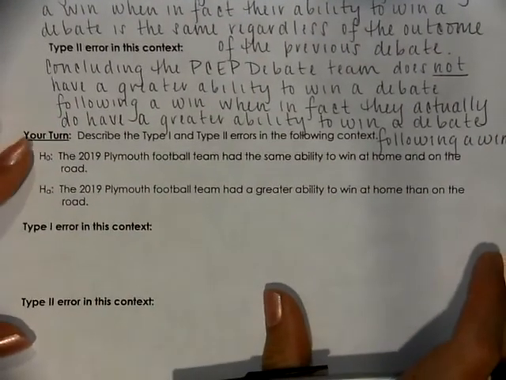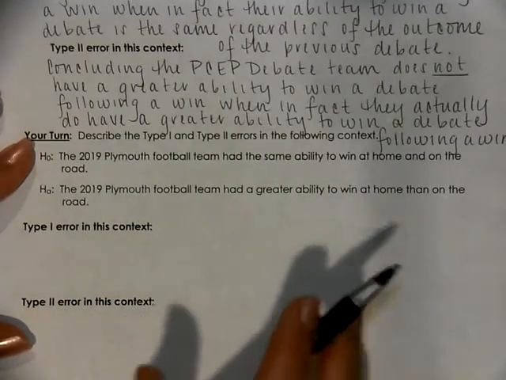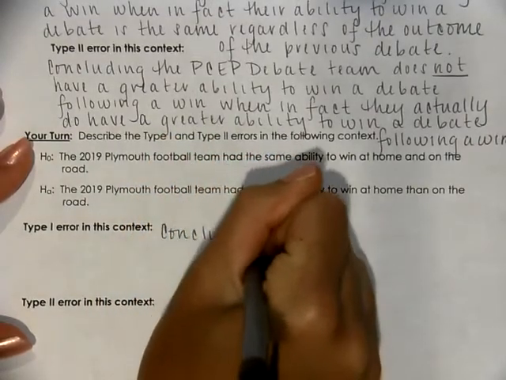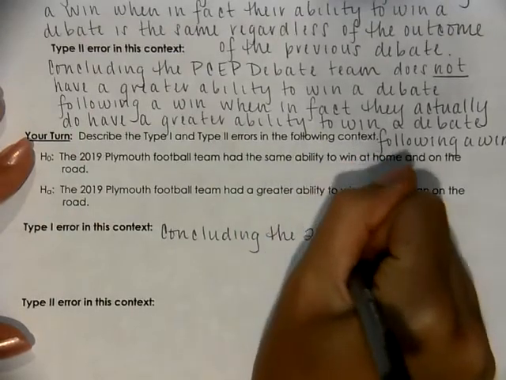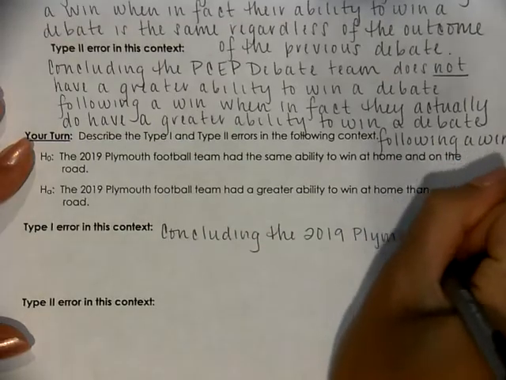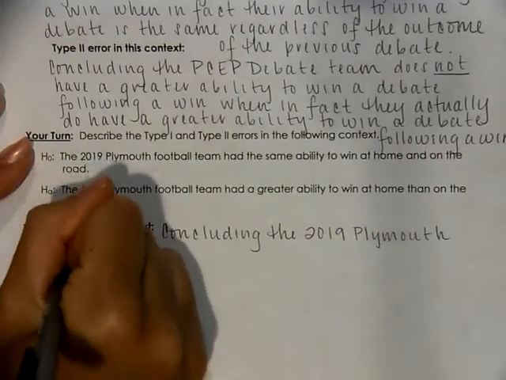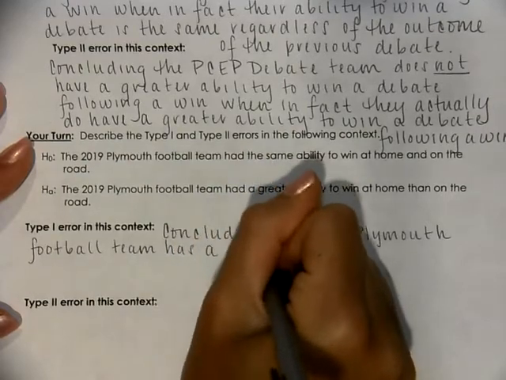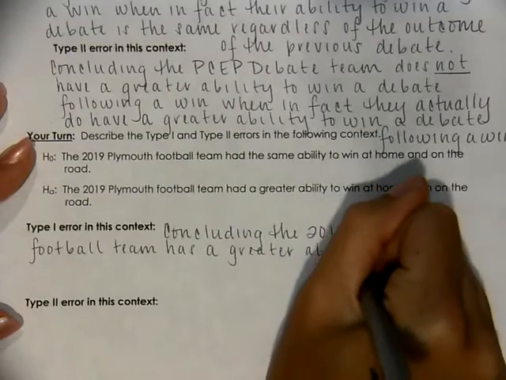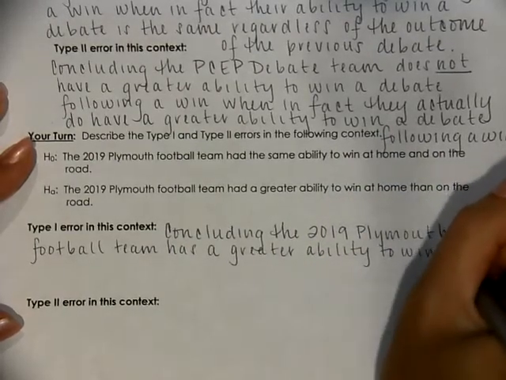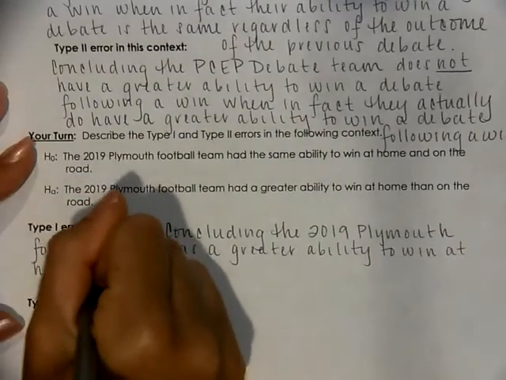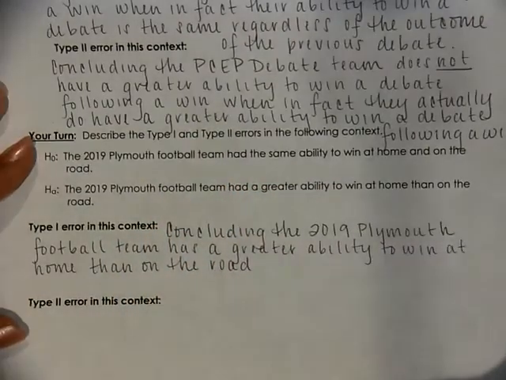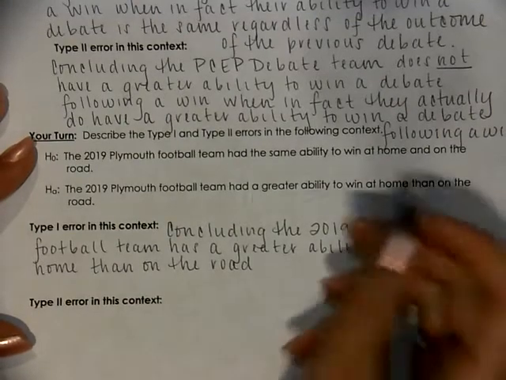So type 1 error is concluding the 2019 football team has a greater ability to win at home than on the road, when in fact their ability to win is the same regardless of where they play.